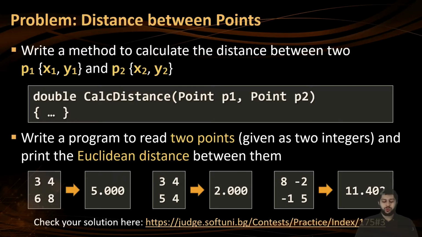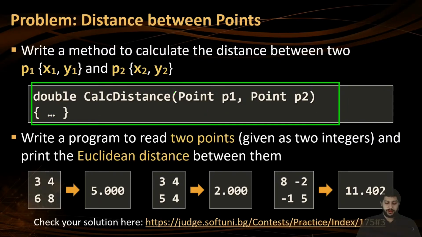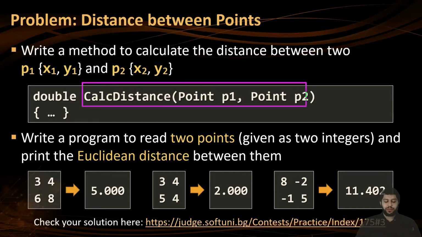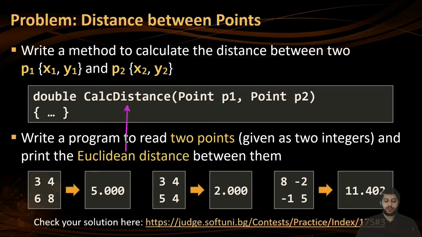So how do we do that? Well, first of all, it advises us to use this type of method. We need to create a point class, which we already have, but we also need to create a method called calculate distance between 2 points. So this method needs as an argument 2 points.